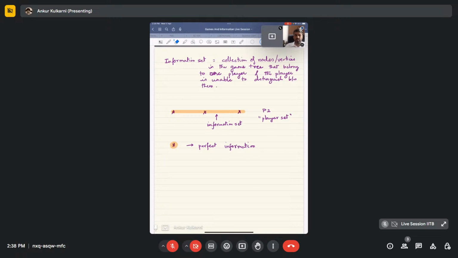Now, based on this, we can talk of two types of games. There are games of perfect information, and there are games of imperfect information.